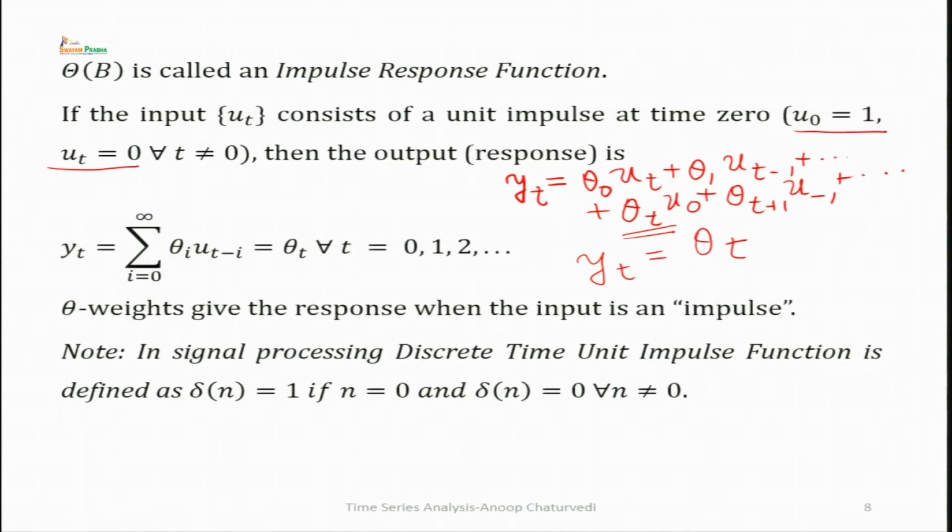So, these theta weights give the response when the input is an impulse. Actually, in signal processing, discrete time unit impulse function is defined as delta(n) equal to 1 if n is equal to 0 and delta(n) is equal to 0 for n not equal to 0.